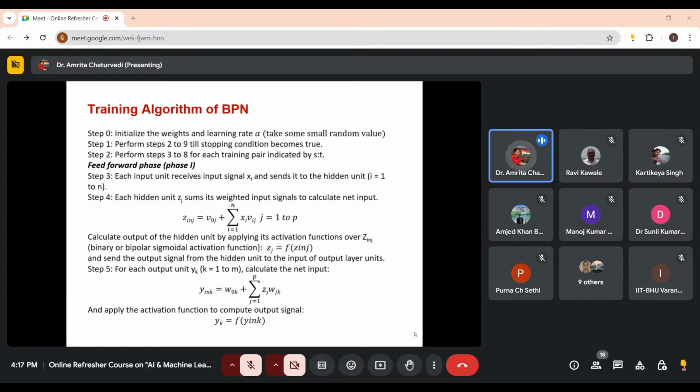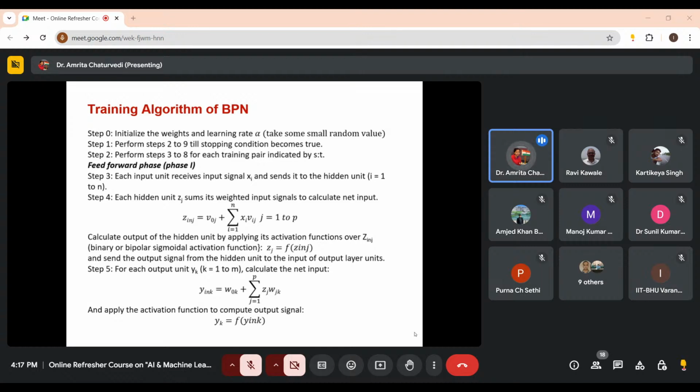So zinj, using the same formula, is equal to v naught j, that is the bias, plus summation i equal to 1 to n, because n units are there at the input layer, so the length of the x vector will be n. So summation i equal to 1 to n xi vij, and j will range from 1 to p, because p units are there at the hidden layer.